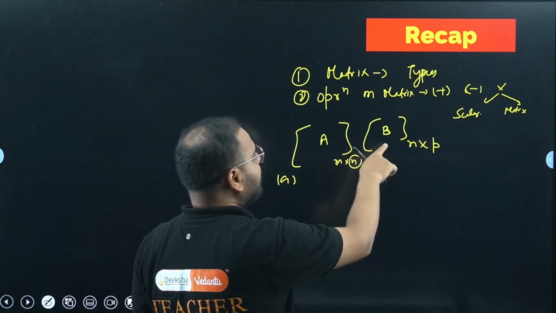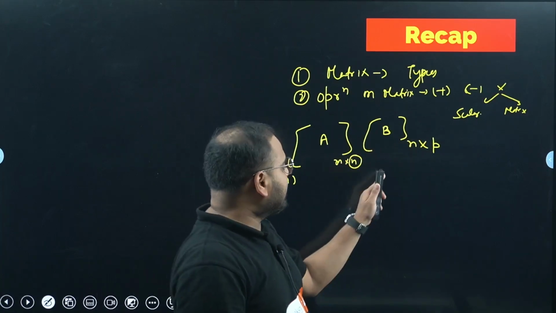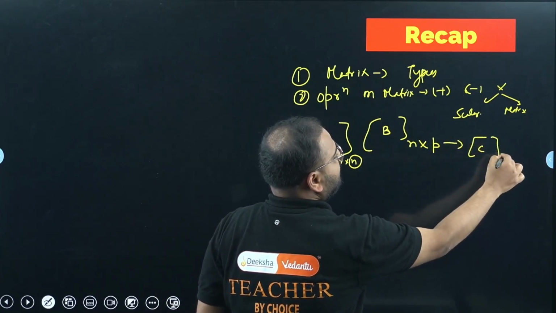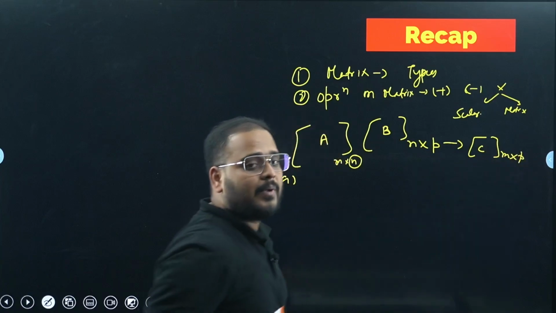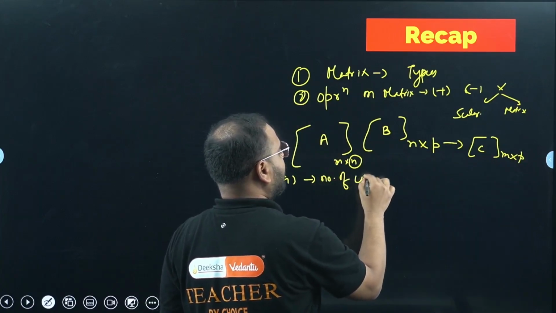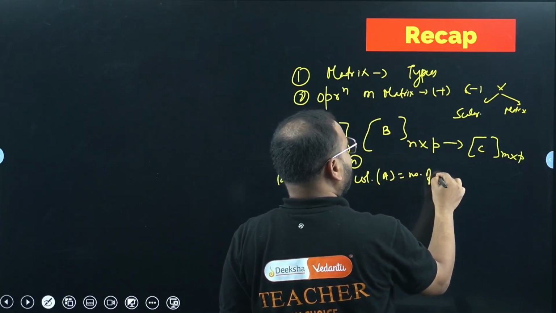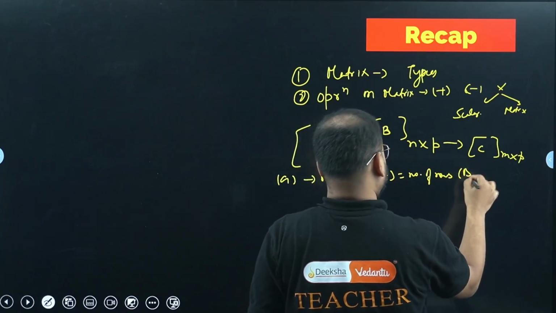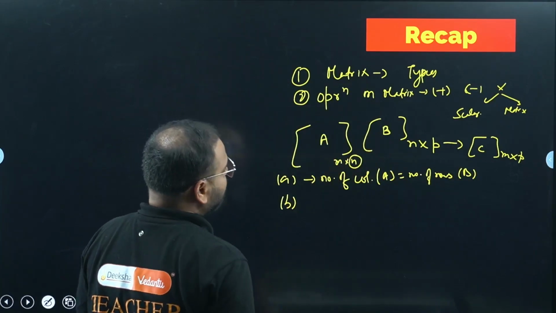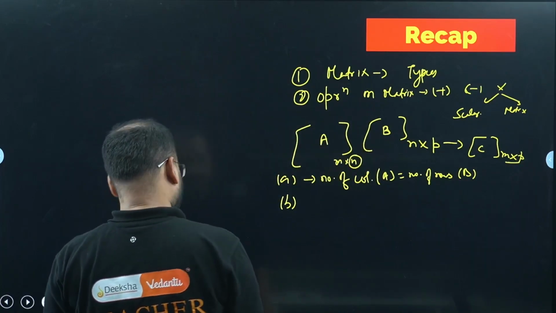If you're multiplying in order A to B, then m cross n will be multiplied with n cross p, and the resulting matrix, if I take it to be C, will be of order m cross p. So the number of columns in matrix A should be equal to the number of rows in matrix B. The second important property is that the result will be of order m cross p.